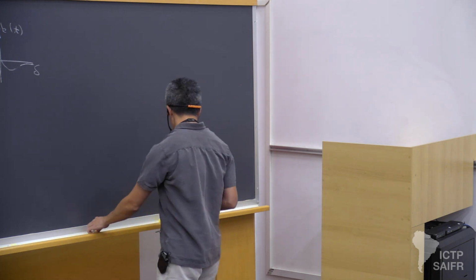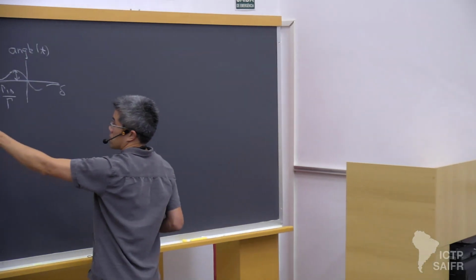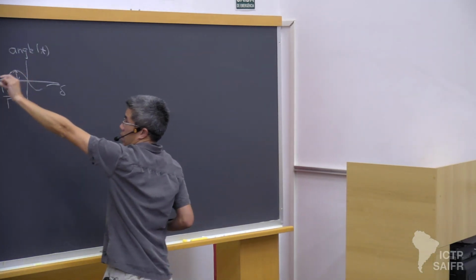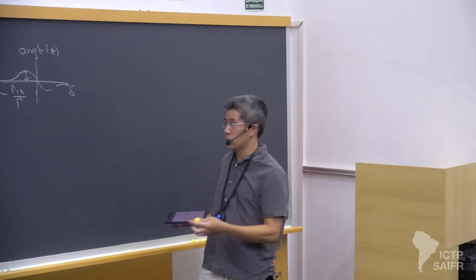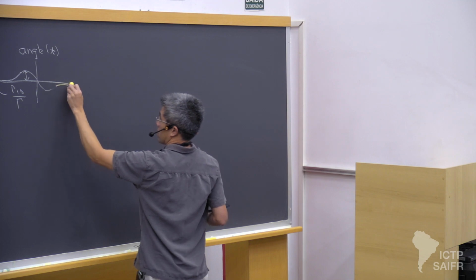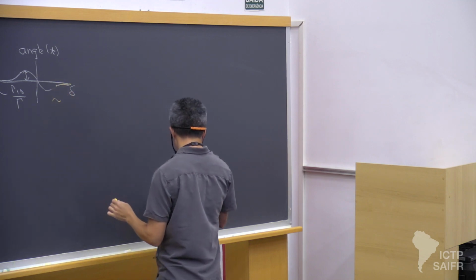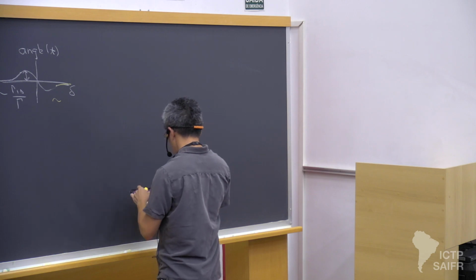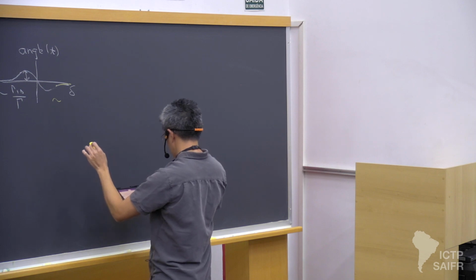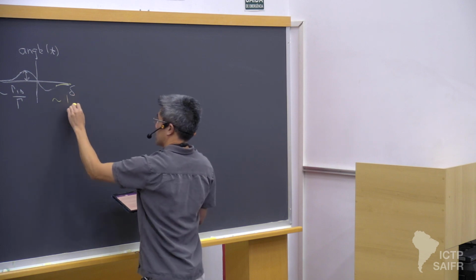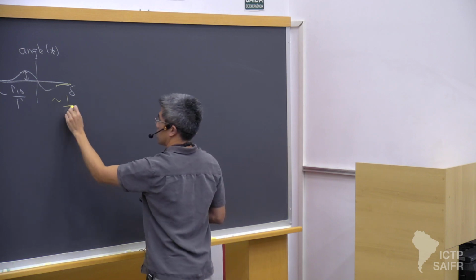Another thing you can look at, which will be relevant a bit later, is the tails. So far I talked about the maximum response on resonance. You can ask what happens if I go into the tails. Then the phase shift, obviously, goes towards 0, but it scales like 1 over delta.